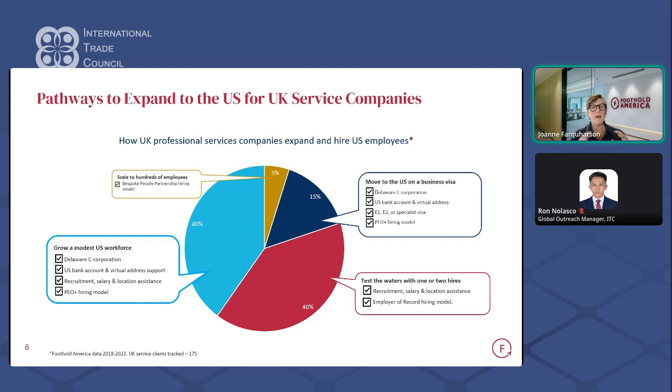So they know that they're going to want a bigger team. And in that case, they may set up their entity and bank account right away because they have the funding to do that, or they feel very confident about how they'll be doing in the U.S. So that's generally how it breaks down.